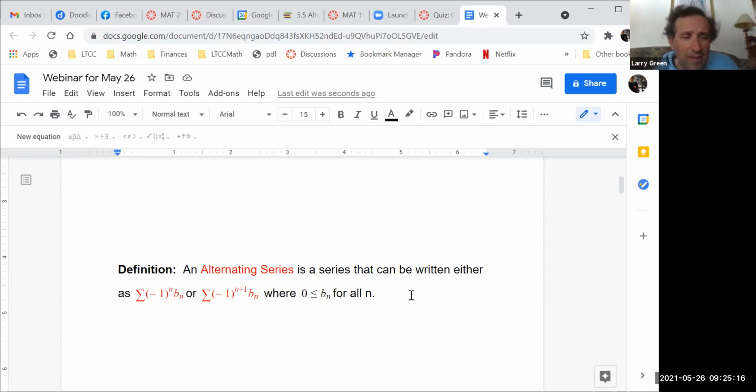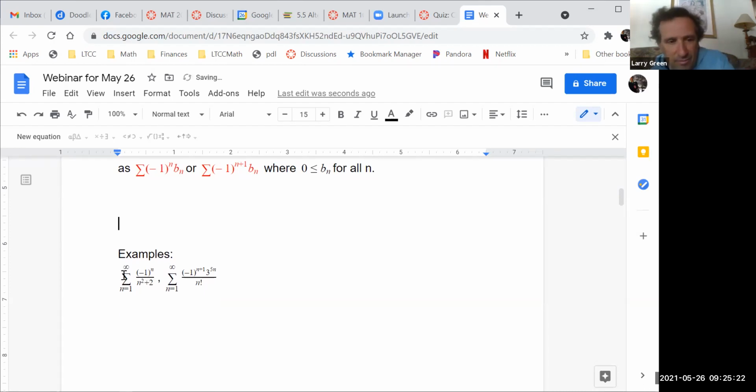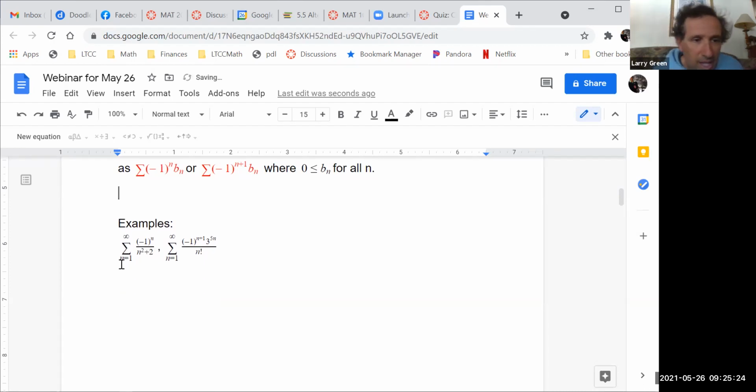Okay, easy to write examples. So here's a couple examples. The summation from n equals 1 to infinity of (-1)^n over n squared plus 2. And the summation from n equals 1 to infinity of (-1)^(n+1) times 3^(5n) over n factorial.